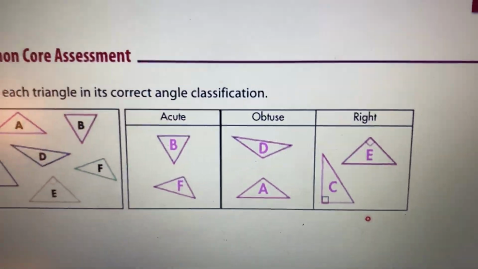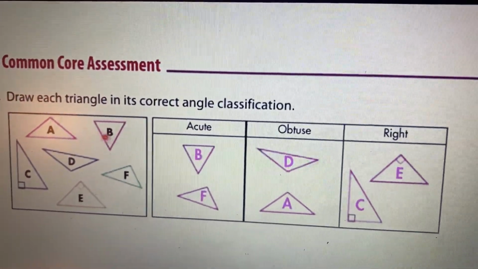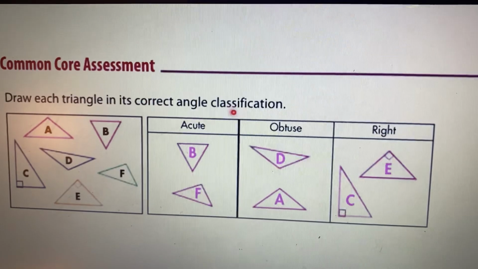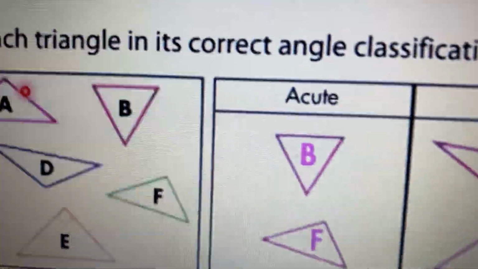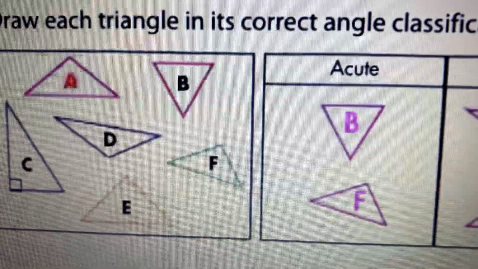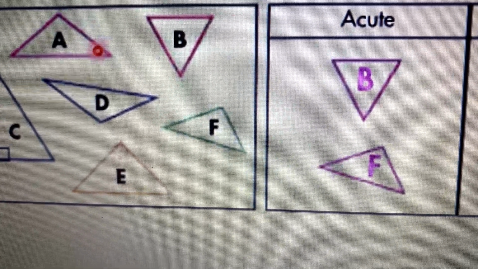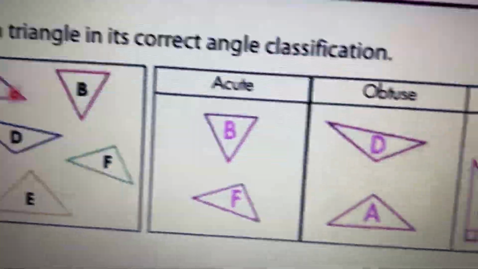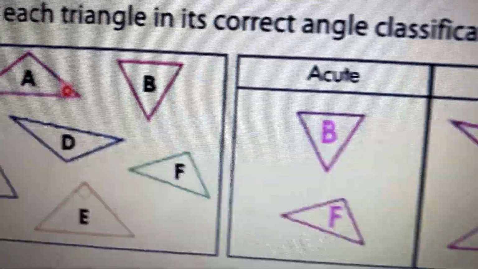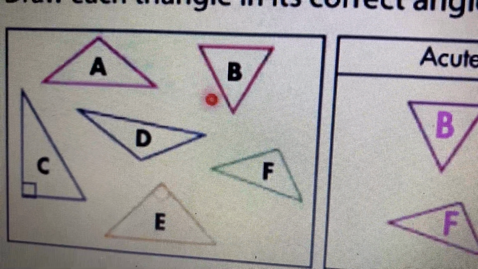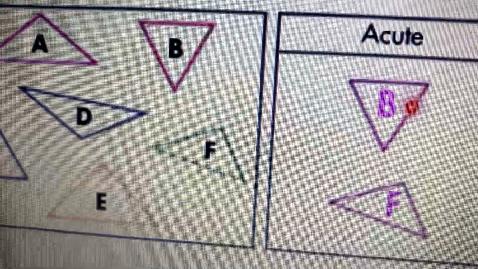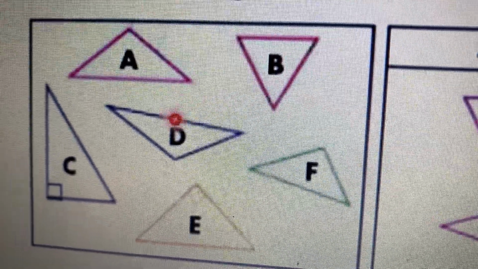The last question is, draw each triangle in its correct angle classification. First, A. In A, I can see this angle is obtuse, so I'm going to put it under the obtuse. B, all of them are acute, so it's going to be with the acute.